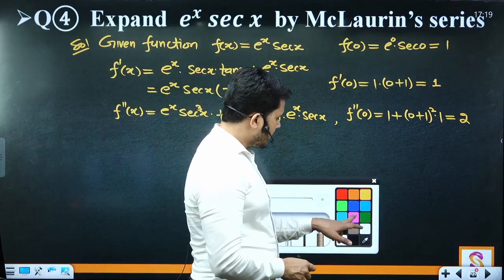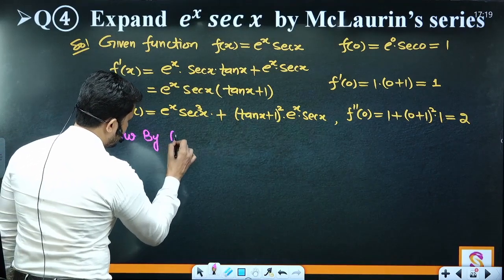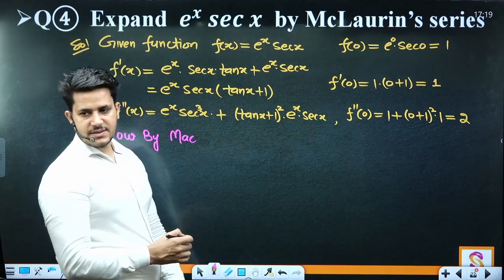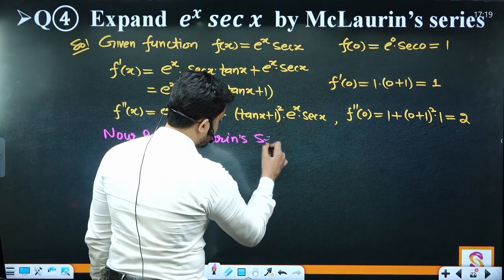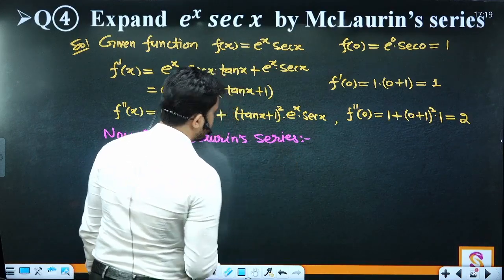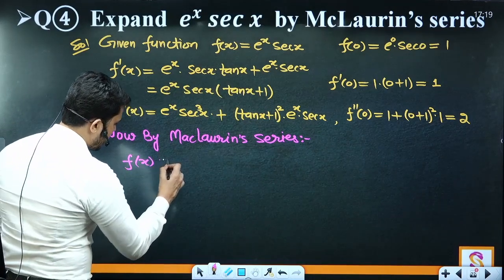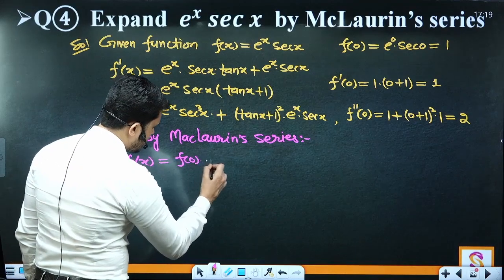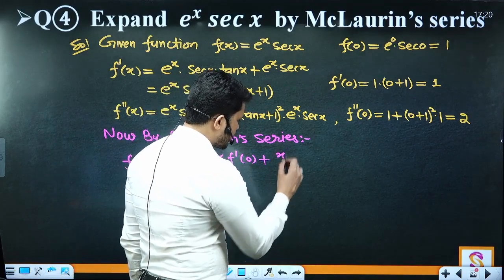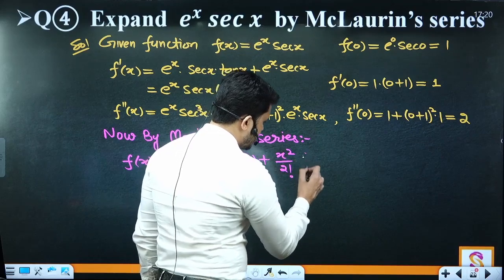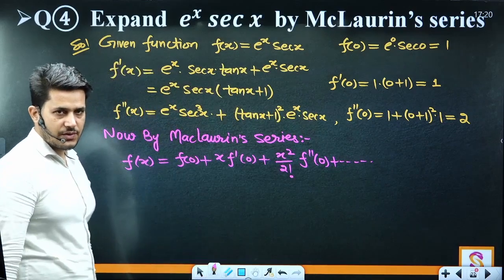ठीक है. Now by Maclaurin series, क्या होता है Maclaurin series से, f of any function x can be expanded like this, f(x) is equal to f(0) plus x into f dash 0 plus x square upon 2 factorial into f double dash 0 and so on.